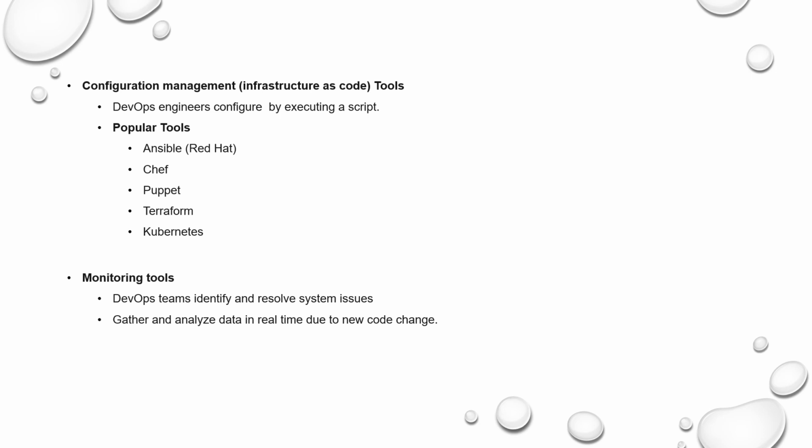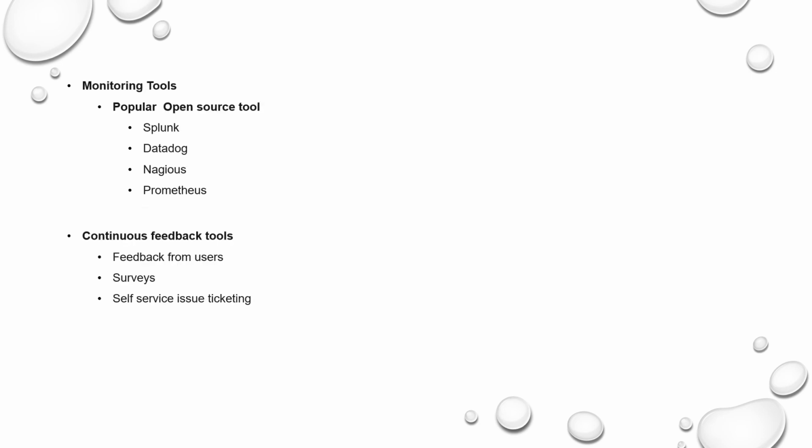Next is monitoring tools. DevOps teams identify and resolve system issues, gather and analyze data in real time to reveal how code changes impact application performance. Below are major popular monitoring tools.